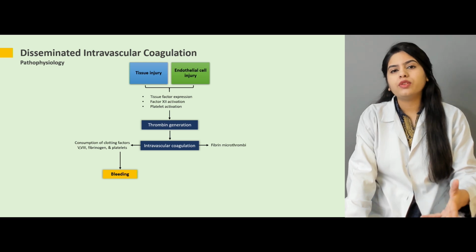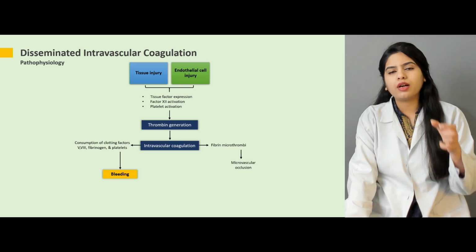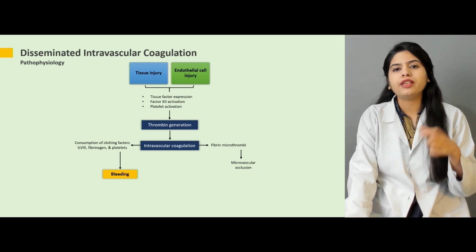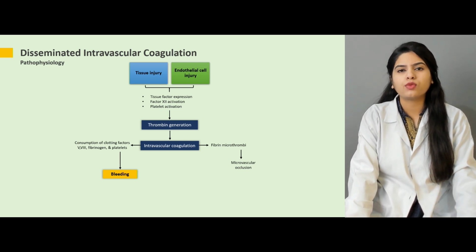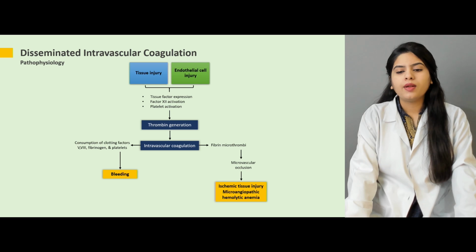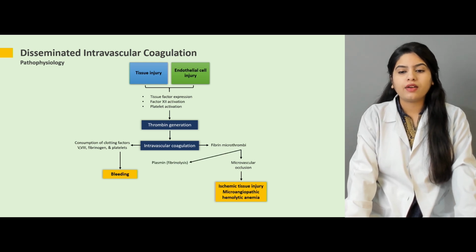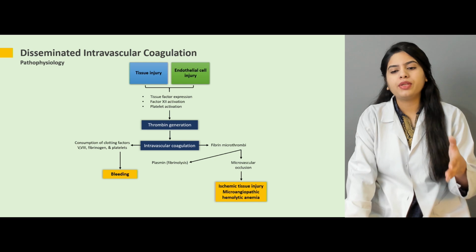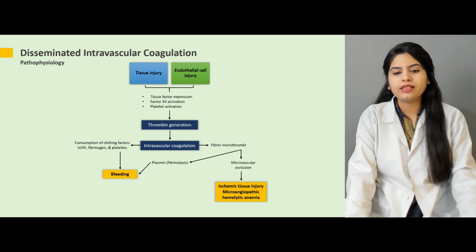There will also be the formation of fibrin microthrombi, and that may lead to microvascular occlusion. Small arteries or small venules can be occluded by these microthrombi formed by the fibrin. That can lead to ischemic tissue injury and microangiopathic hemolytic anemia as well. Moreover, after the formation of these fibrin microthrombi, there is fibrinolysis that can lead to bleeding as well.